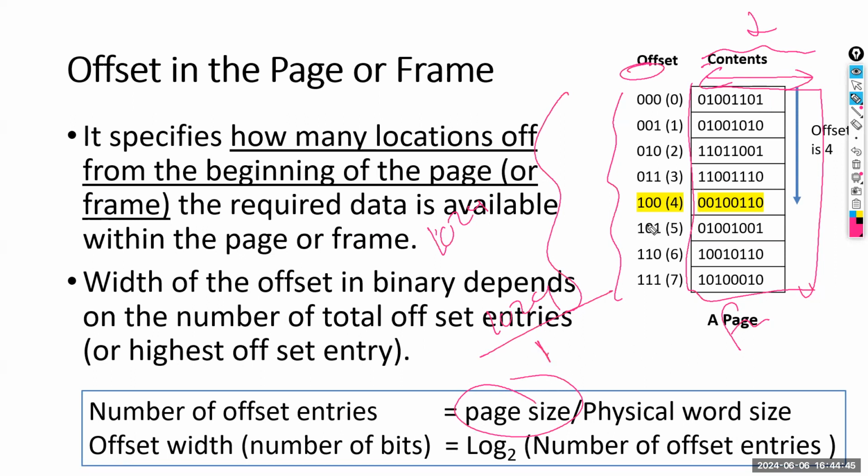That means if your page size or frame size is 1024, the number of offset entries is 1024, because every byte has an address. But say your word size is 2 bytes. That means every 2 bytes has a memory address. Again, assume it is 1024, 1 kilobyte. Then how many entries are there? 1024 divided by 2 bytes. So you have 512 entries, because every 2 bytes has an address.